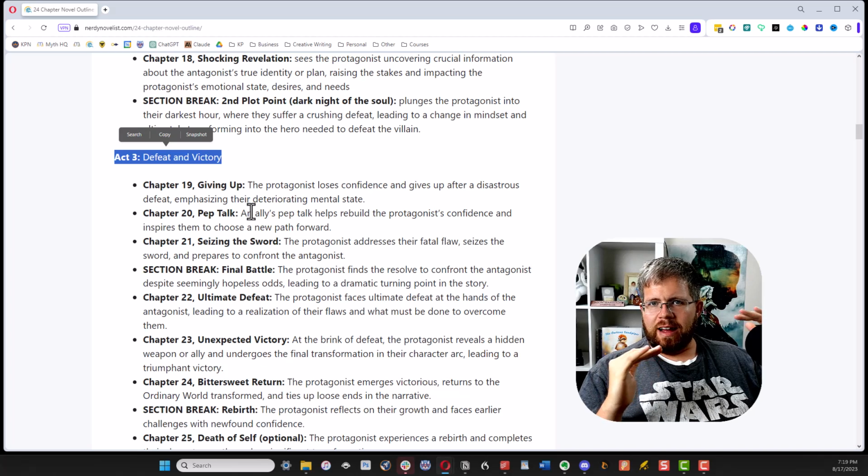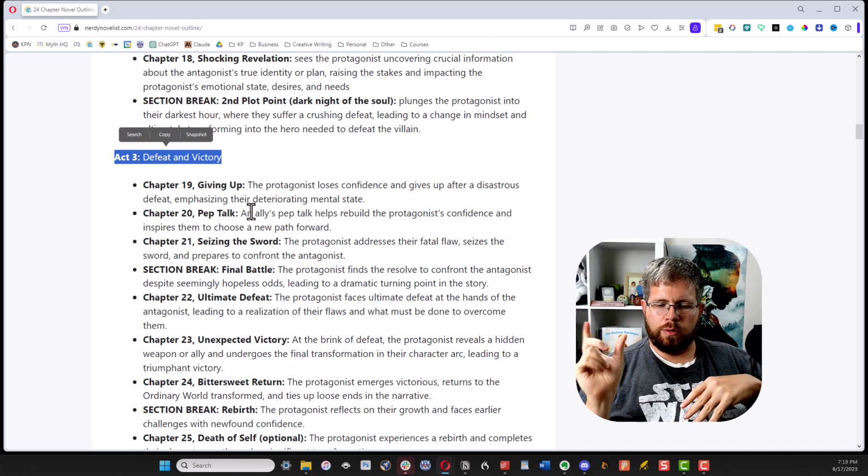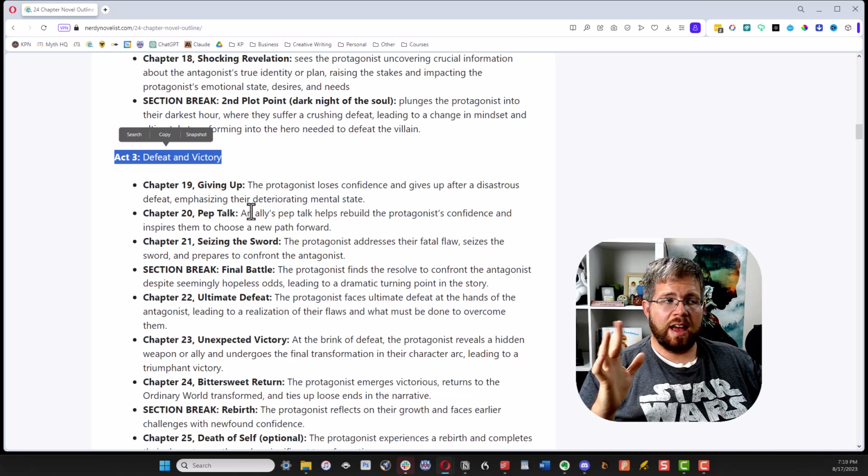And this is another thing I really love about this outline, it's so clearly structured. Act 1 is 25%, Act 2 is 50%, and Act 3 is 25%, which is almost exactly the way it's always prescribed anytime you talk about the 3-act structure. And in reality, the 24-chapter novel outline is just a much more detailed, much more finely defined version of the 3-act structure.